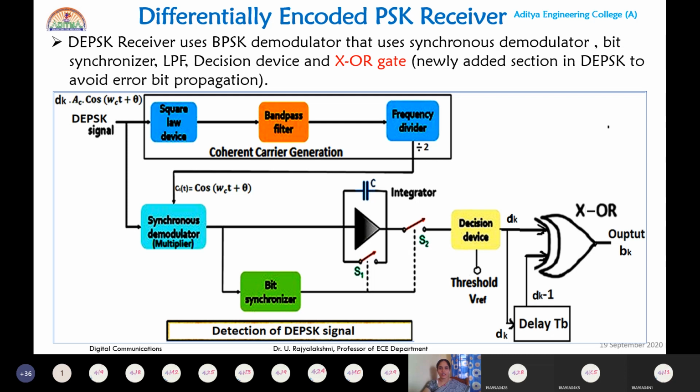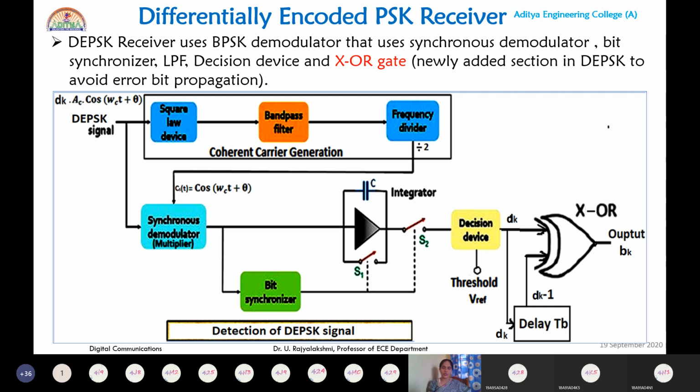Now, this is all about the circuit of the DEPSK receiver section. What is the main conclusion from this slide? If you compare the circuit of the DEPSK receiver with the BPSK receiver, in the case of DEPSK you will have a new element called the differential decoder.